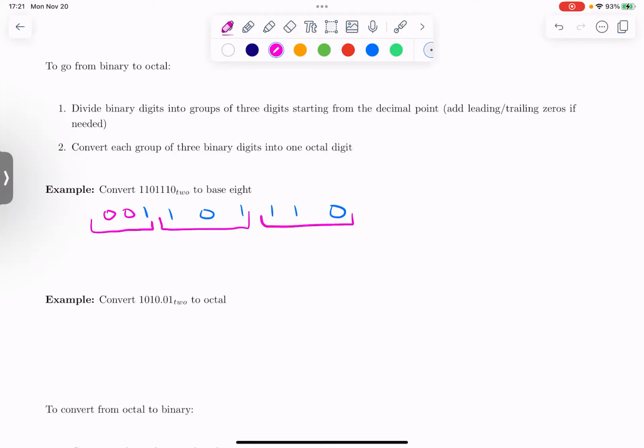Who has a fancy online calculator? I know you do. It was aimed at you. What's 1, 1, 0, 1, 1, 1, 0, base 2 in base 8? Start there.